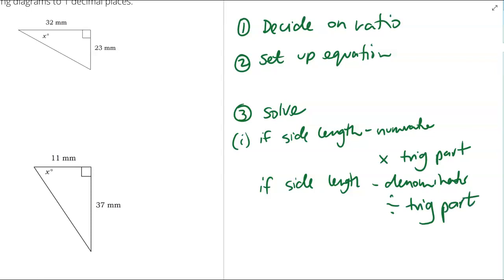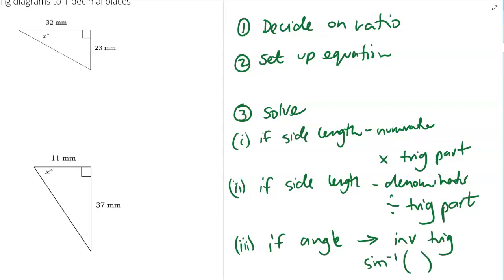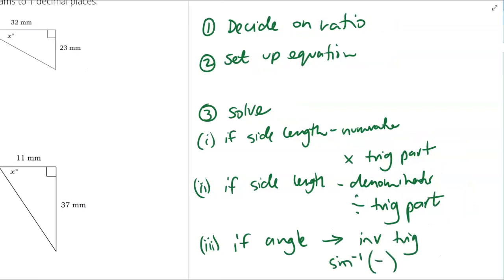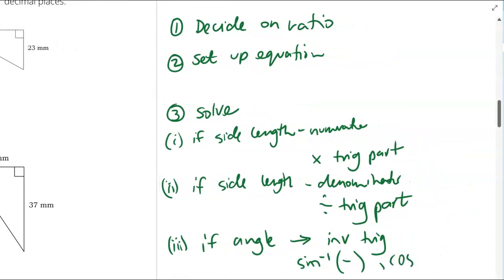You've got to really understand what's going on here, though. Or if it's an angle, then we've got to use the inverse trig part. So either sine -1 of whatever the fraction is, or cos, or tan, whatever that fraction is in the question.